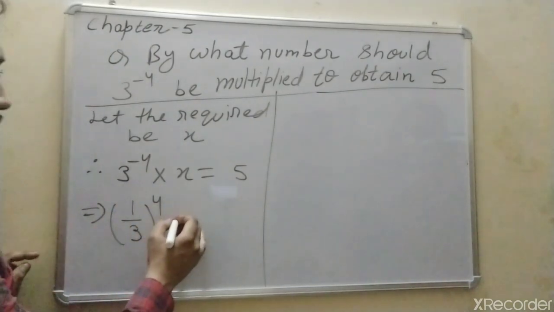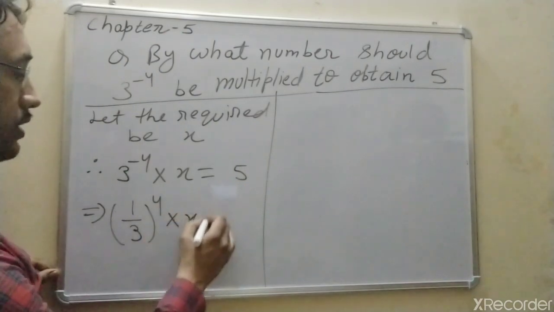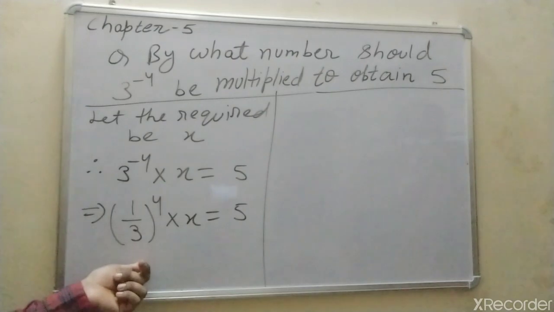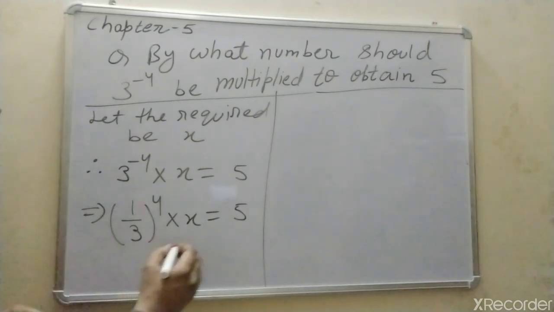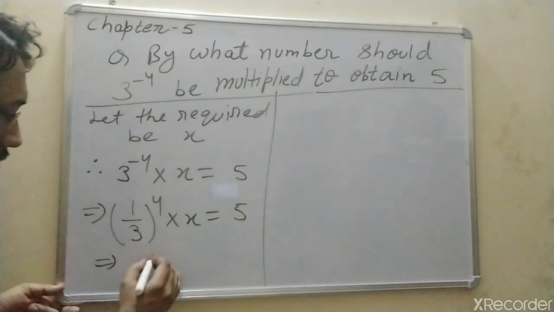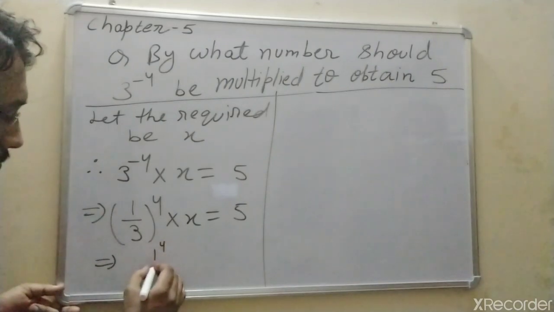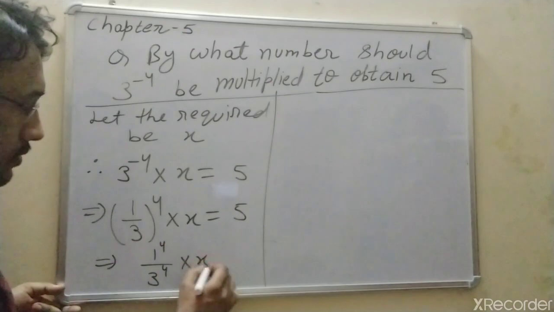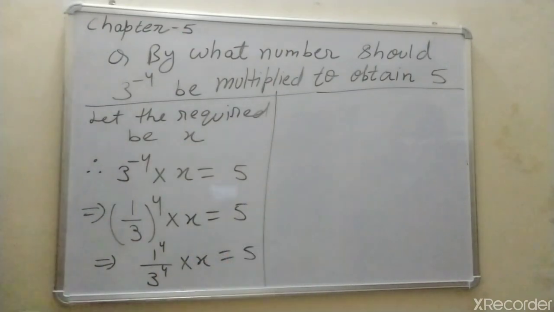So 1 by 3 to the power 4 into x equals 5.